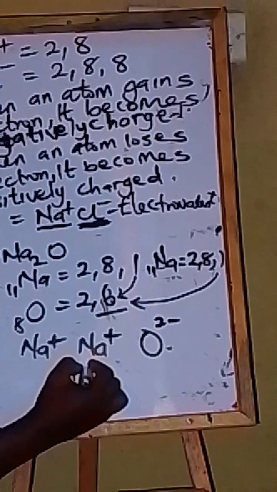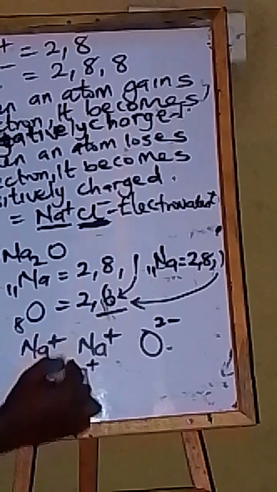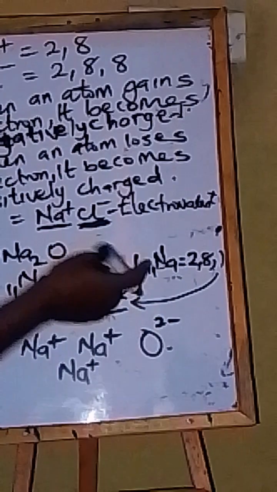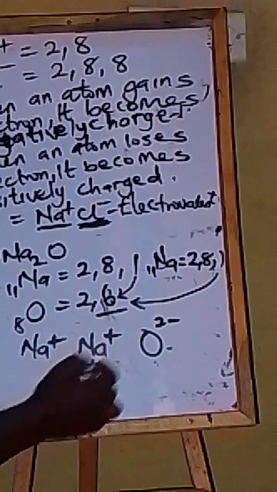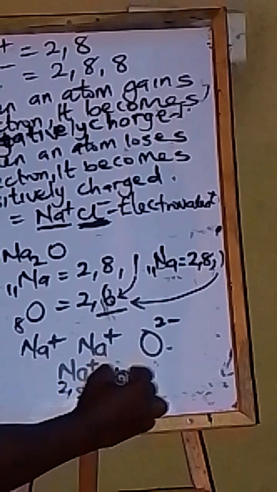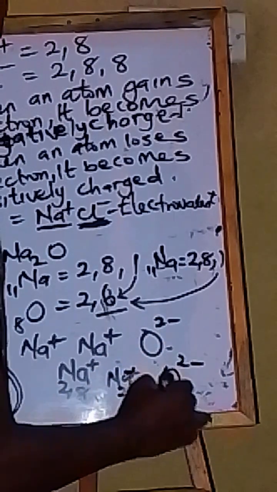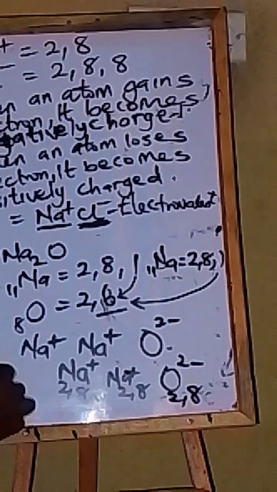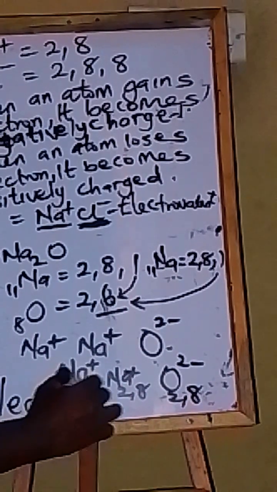So these end up becoming Na plus, because they lose 2 electrons to this. So this becomes 2, 8, this becomes 2, 8, and this becomes 2, 8. So in this case, this is electrovalence.